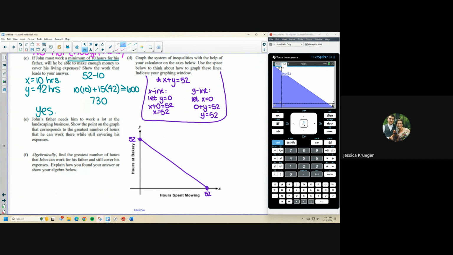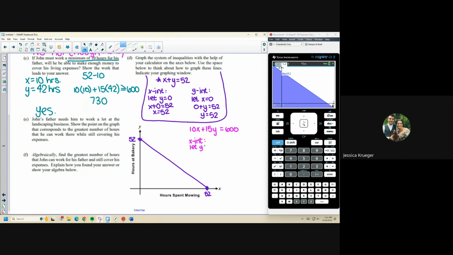For my second inequality, it's 10x plus 15y is greater than or equal to 600. I'm going to graph the line where it equals 600. And I'm going to find my x and y intercepts. So my x-intercept, I'm going to let y be 0.